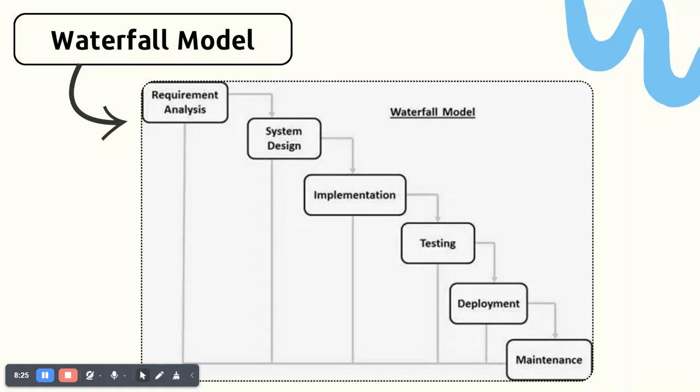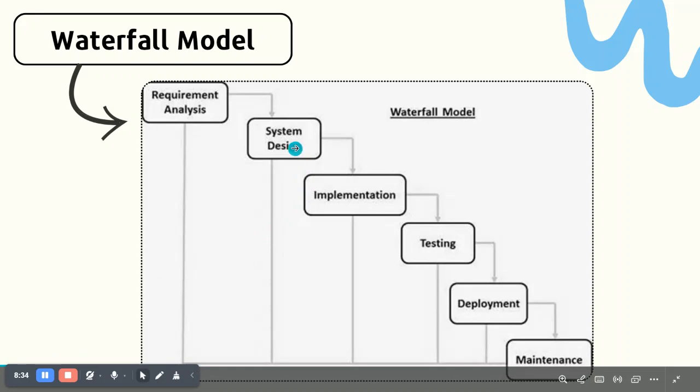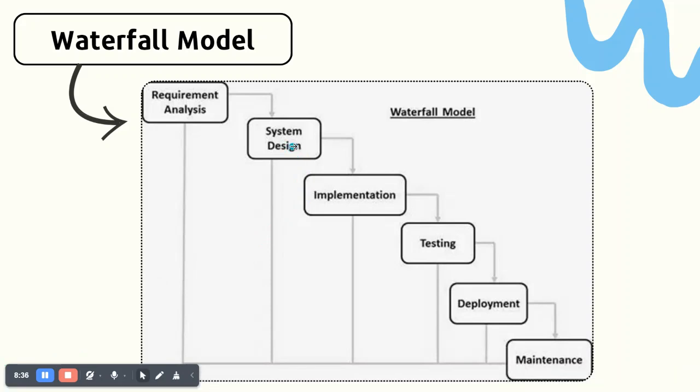All of that is considered under requirement analysis. Apart from that, the next phase is system design. We already studied system design. In system design, there is low level design and high level design, like UI UX building.